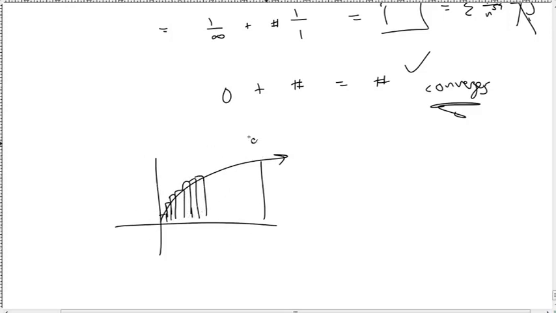Will my rectangles, my discrete values, like this right here, this is at 1, 2, 3, 4, and so forth, if I took these rectangles, will I get the exact same answer as my integral? No. You'll get something close, but you won't get the exact same answer. There'll be an error. There'll be a remainder. And that's why they have that R_N thing that we talked about a little earlier.